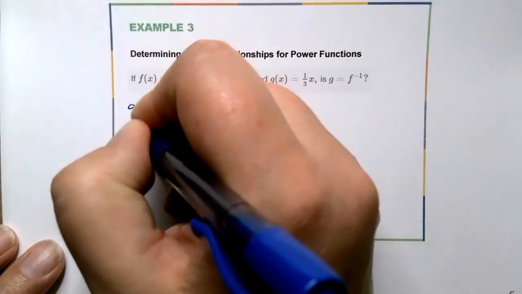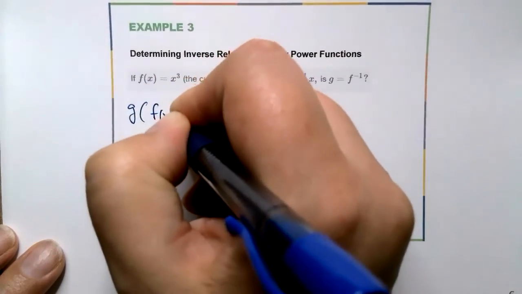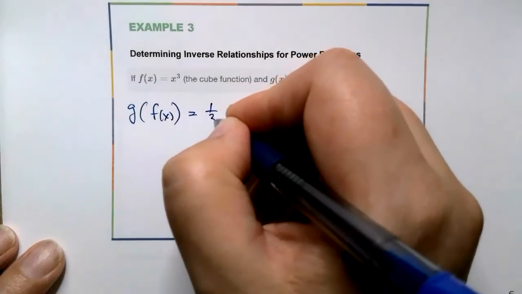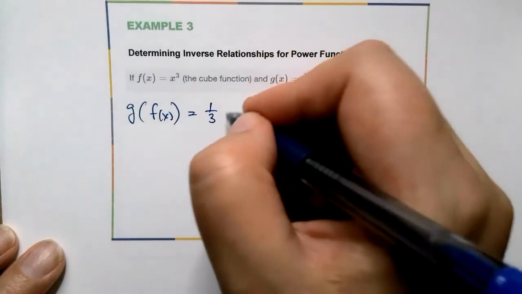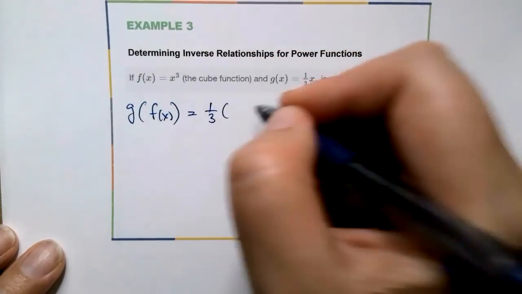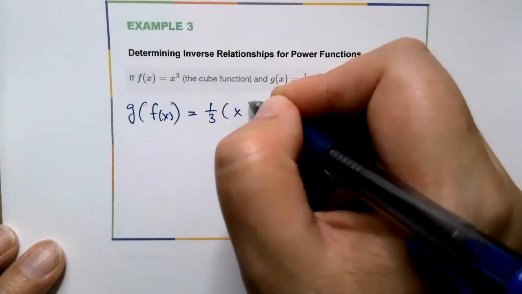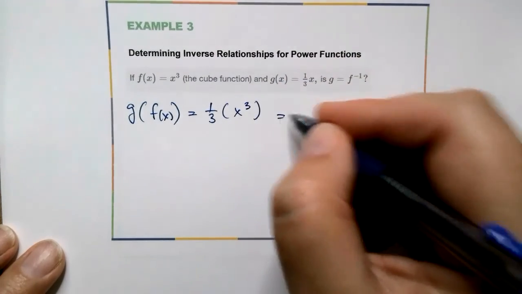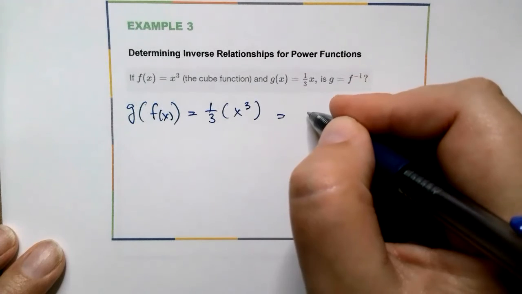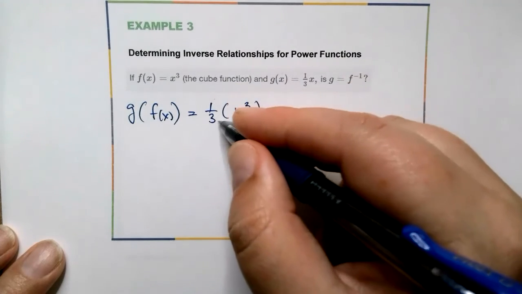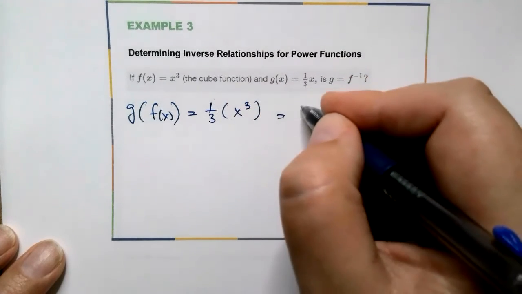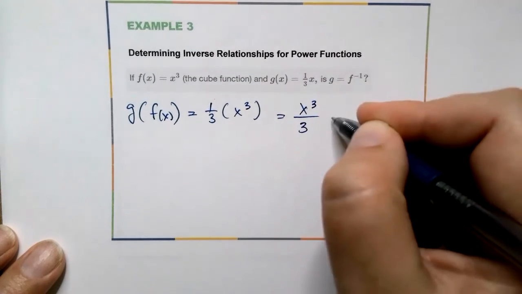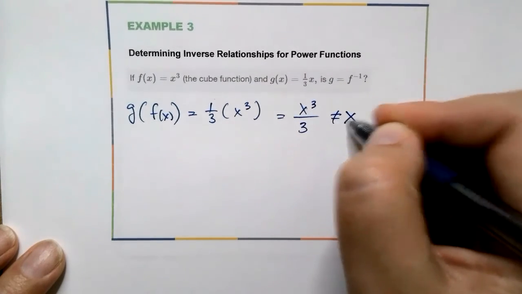So I'm going to do g of f of x again. g starts as 1/3 times x, but instead of x, I'm going to put in what I have for function f, that's x cubed. So all I have is 1/3 times x cubed. That's x cubed divided by 3, and that does not equal x at all.